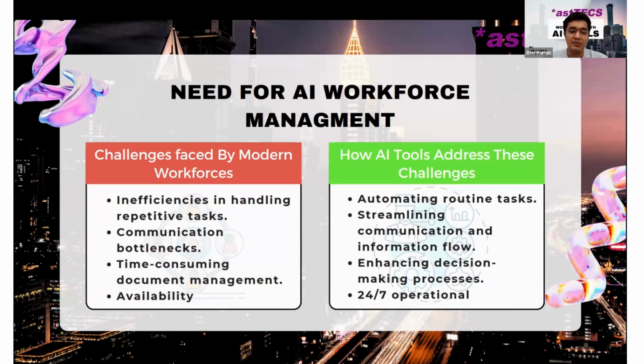Now, availability is another huge aspect. In modern workforces, to be available 24/7 would mean that you would have to run multiple shifts, and these multiple shifts would have multiple processes and multiple setbacks of their own.